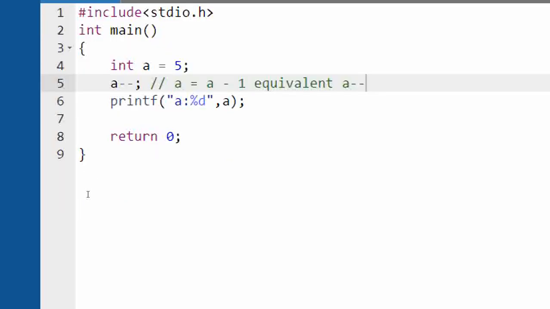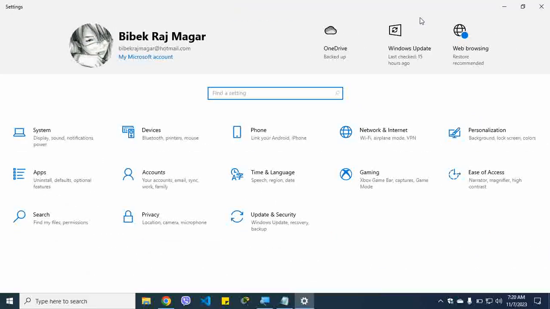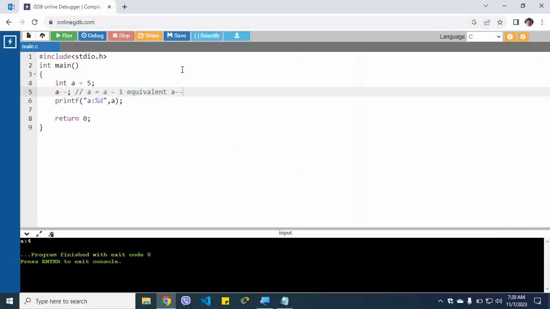Okay, how do we compare? We can compare. Which operator? Relational operator. So what are the relational operators? Equal to, less than, equal to, greater than.